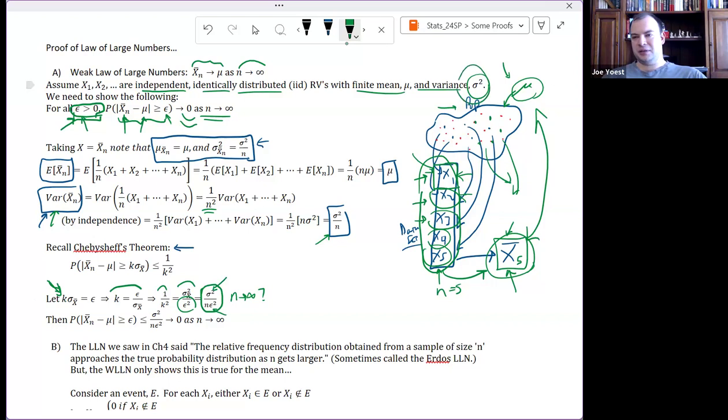That's just a characteristic of the population. That doesn't change as our sample size increases. Our sample doesn't affect the population variance at all. And then we have this n on the bottom. If we have a number in the bottom of a fraction that gets bigger and bigger and bigger, that fraction has to go to 0.